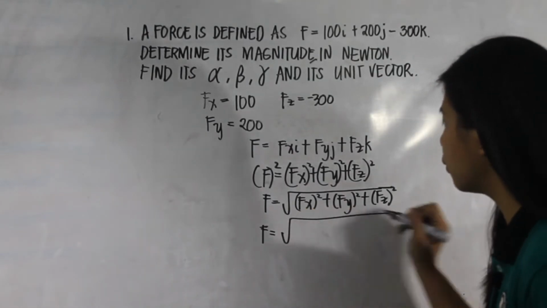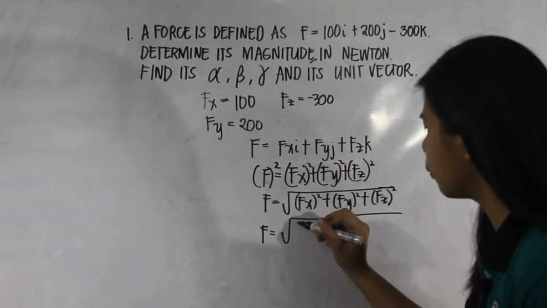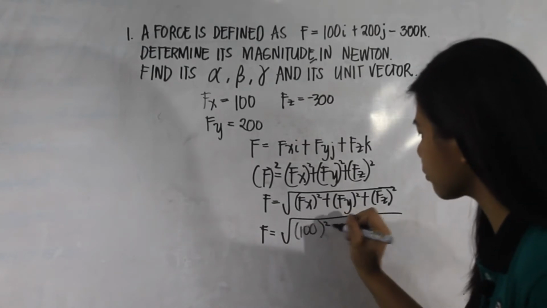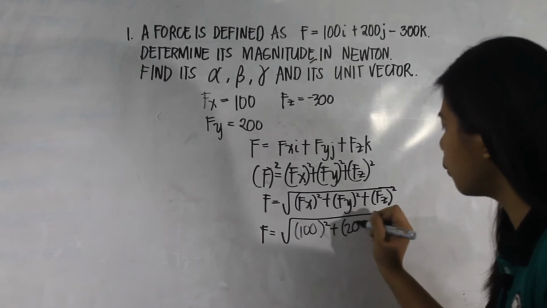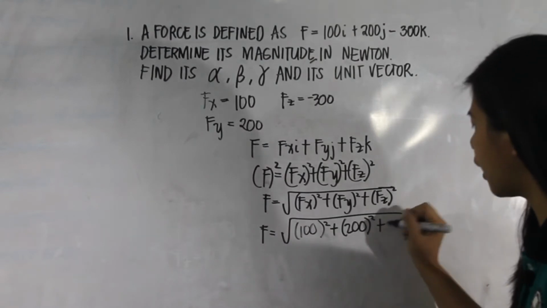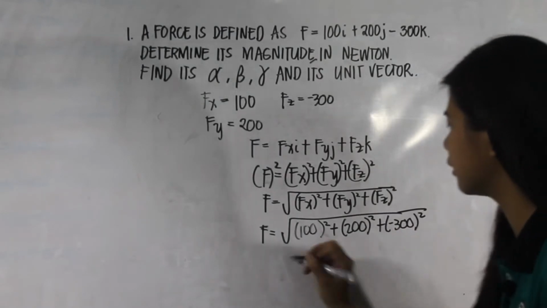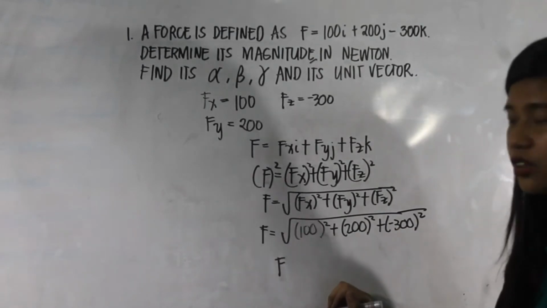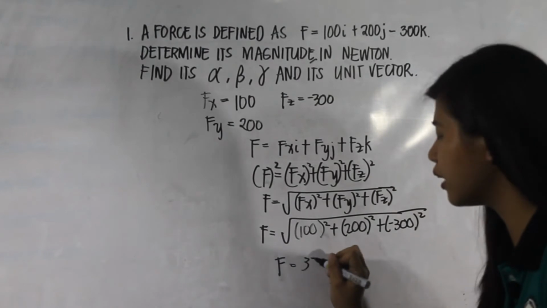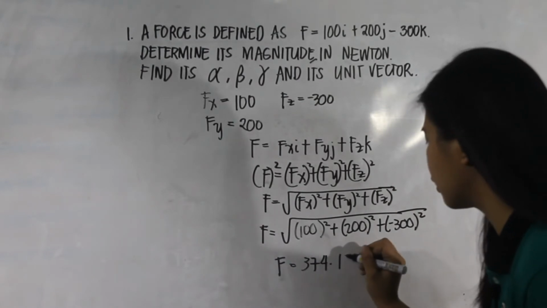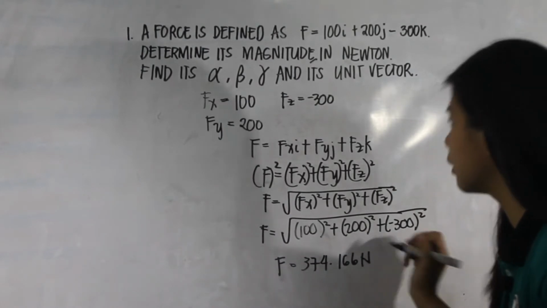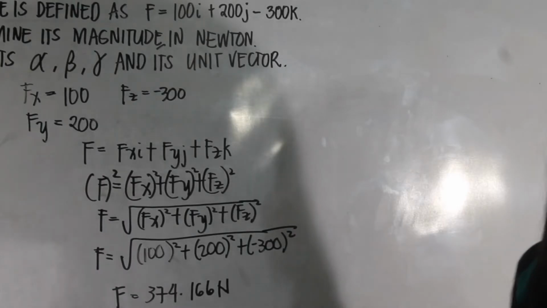F is equal to the square root of 100 squared plus 200 squared plus negative 300 squared. And that will give us the answer of 374.166 Newton. We will be using this formula.